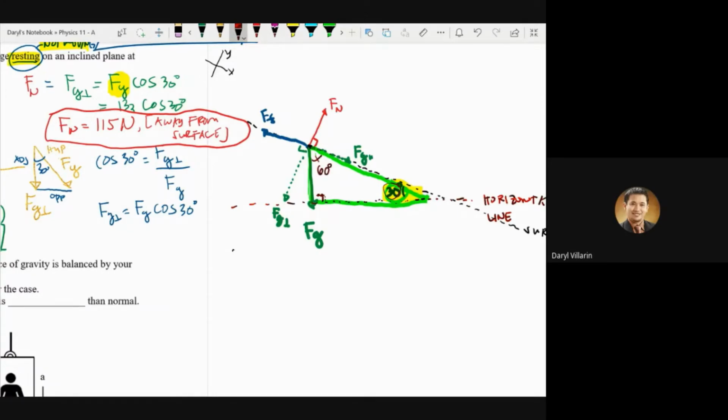How do I know that one? Again, I'm making a right angle triangle by just extending my Fg towards my horizontal line. The horizontal line and the inclined surface make a 30-degree angle.